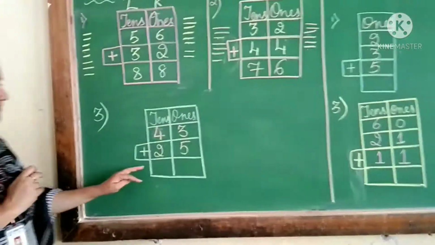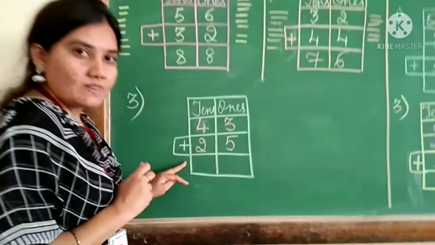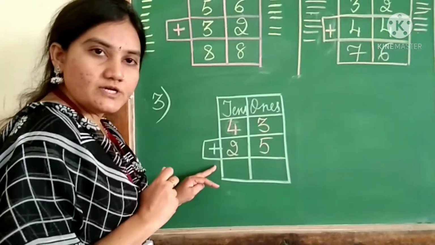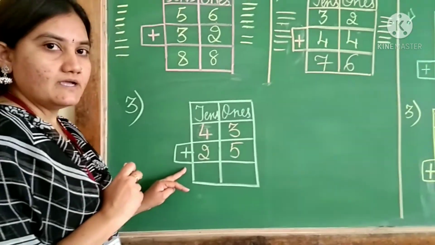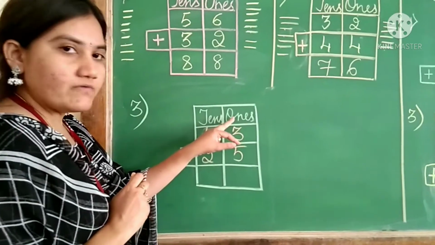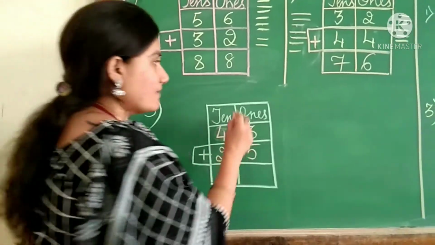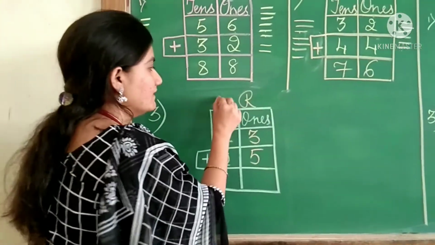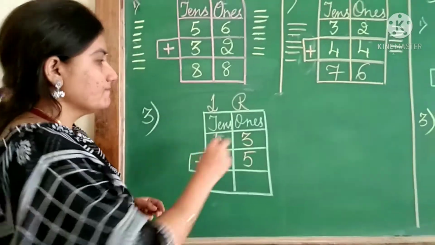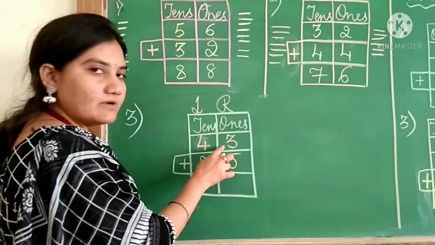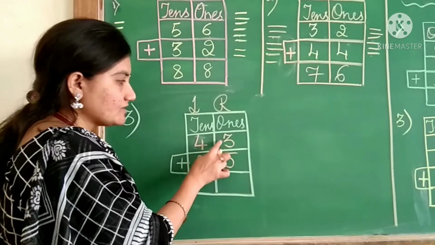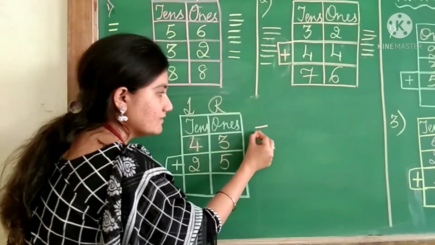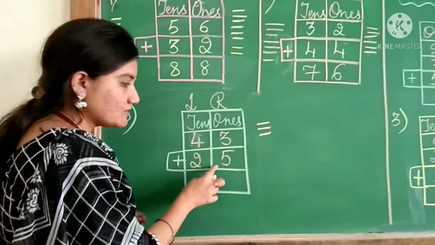So we will get the answer. Now can you help me to solve this third question? Yes. See, we will go from ones, that is from right side to the left side. Okay? Then in ones, what is the first number? Ones to ones first. Okay? First number is 3. 1, 2, 3. Then the next one is 5.